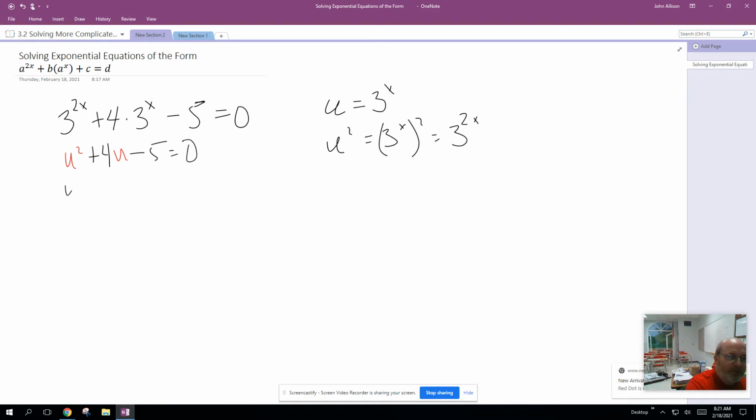And you know we can factor this to u plus 5 times u minus 1, which means that u has to equal negative 5 or u equals 1. But recall that u is 3 raised to the x power.